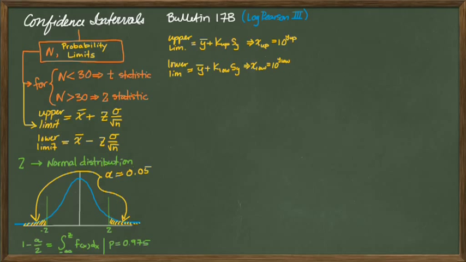So there's a k up and a k lower, and the k-statistic is the statistic that corresponds to the log Pearson type 3 distribution. So k up is calculated using this formula. Notice the plus sign, and the k low is calculated with the same formula but with a negative sign.